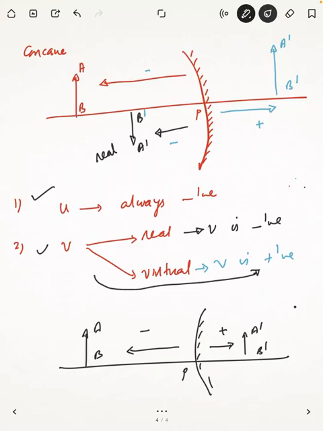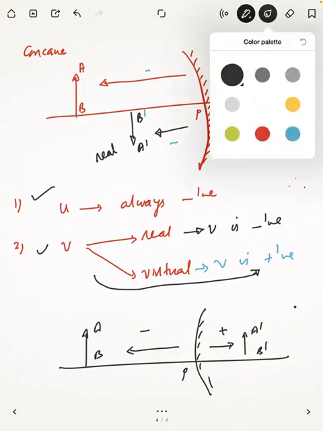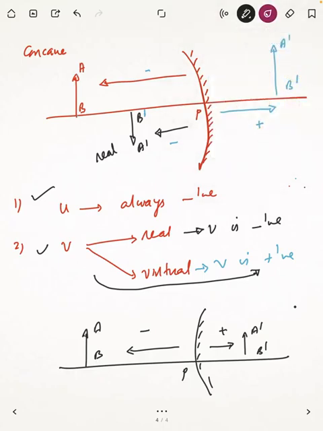So two terms we have seen, one is object distance U and second one image distance V. And one more point is there, what about focal length F? How will you find out focal length F? So the third point is regarding the focal length F. In the case of concave mirror, where will be the principal focus?